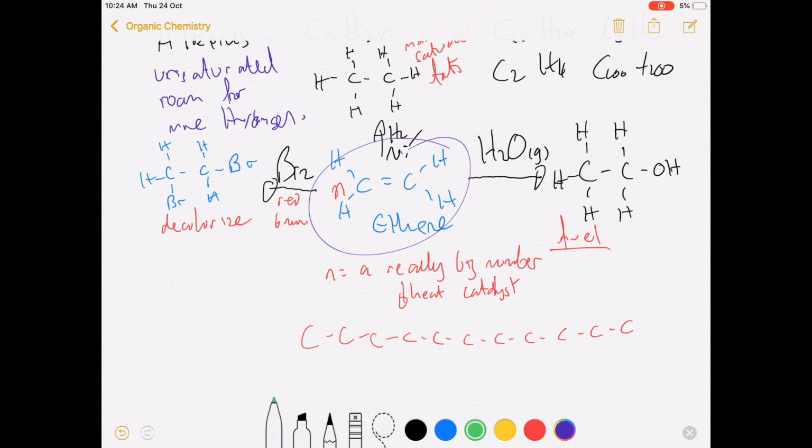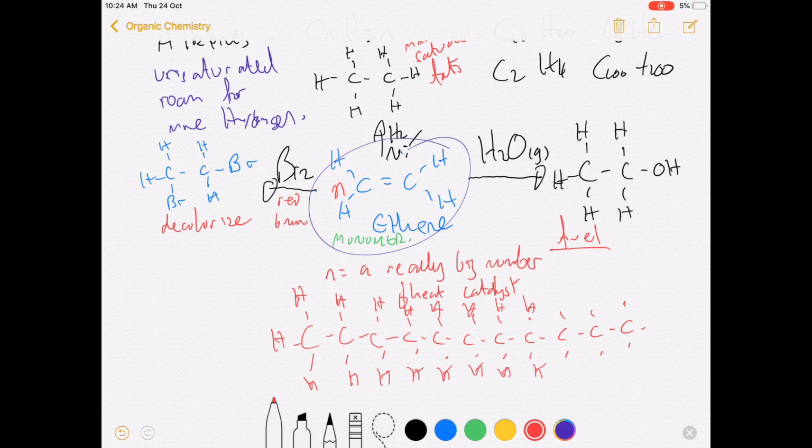Let's use the word monomers. So this can be a monomer. I'll do a separate video on plastics and polymerization separate to this, which is a basic introduction to organic chemistry. So this, you see my hands are getting tired.